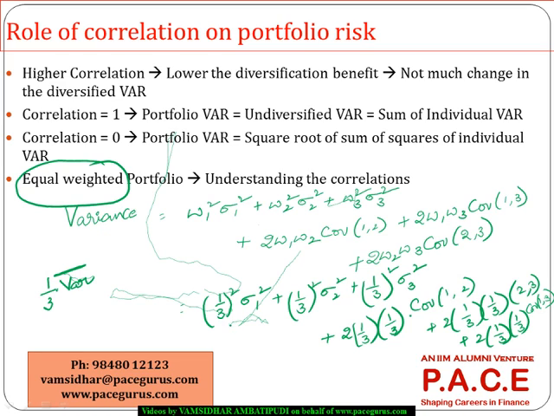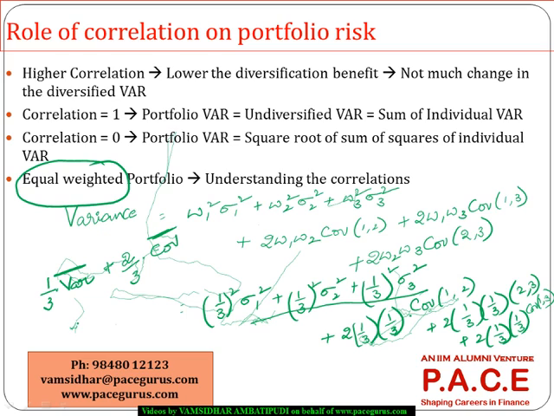So it will come out as 1 by 3 of the average of the variances, plus 2 by 3 into the average of the covariances. Here, 2 into 1 by 3 I take out, then the average of all the possible covariances.